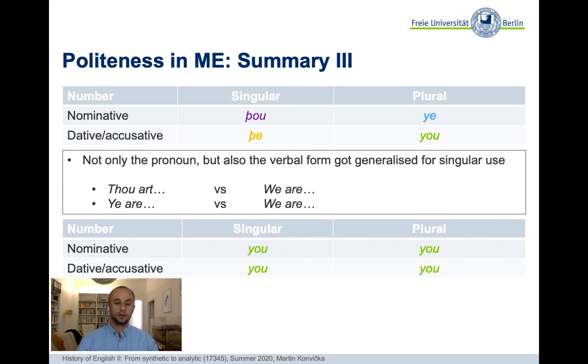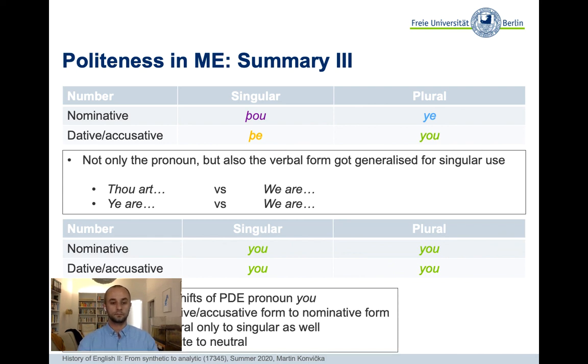So earlier on, you had "thou art," right, with the t ending for the singular, whereas you had "ye are" for the plural. But if you generalize the pronoun to be used in the singular as well, the pronoun takes the verbal form with it, so that you have "you are" and "we are," you have the same verbal form being used also in the singular. Right.